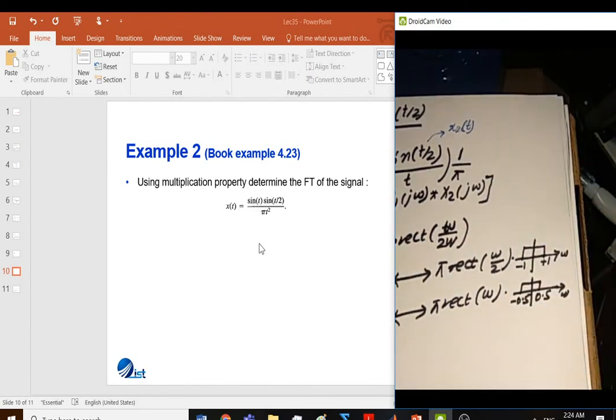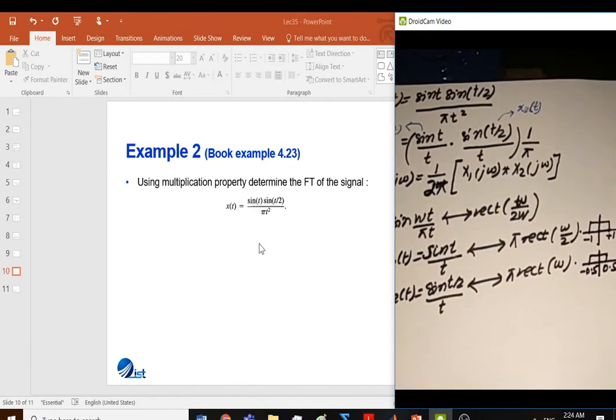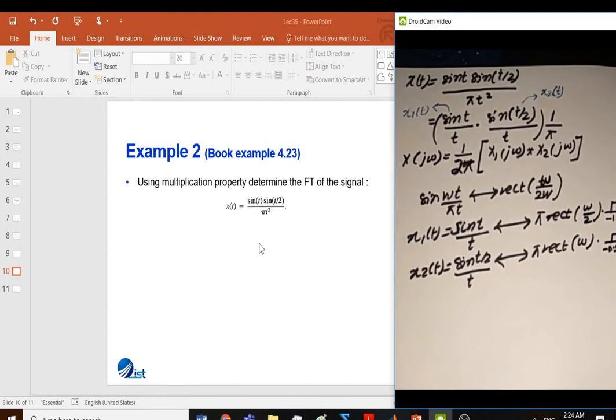Now coming back to the expression, let's substitute the values in the X of j omega expression.